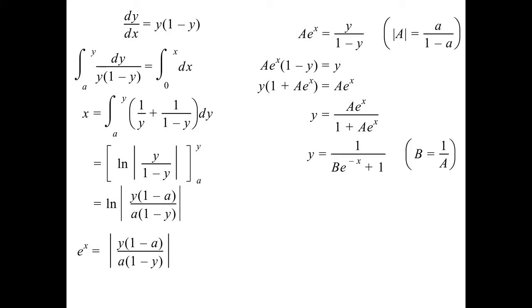I'm going to let b equal 1 on a. And then I'm also going to divide everything by e to the power of x. It just looks a little bit neater. So 1 over b e to the minus x plus 1. But don't forget the two trivial solutions. So y equals 1, y equals 0, or y equals 1 on b e to the minus x plus 1.